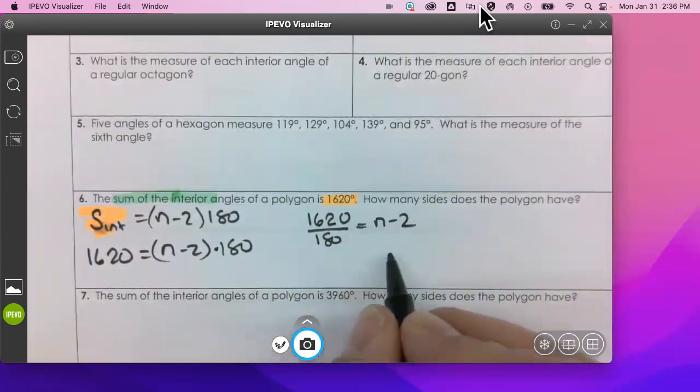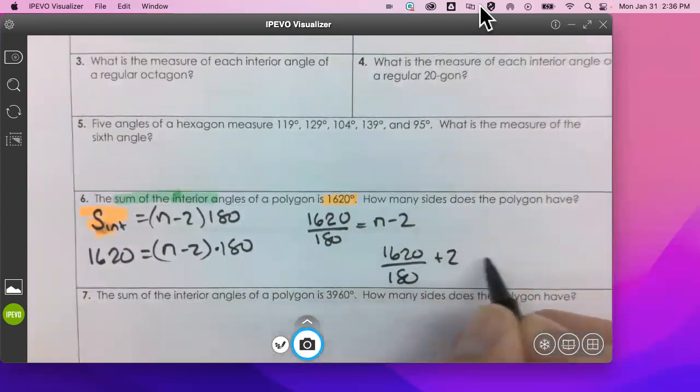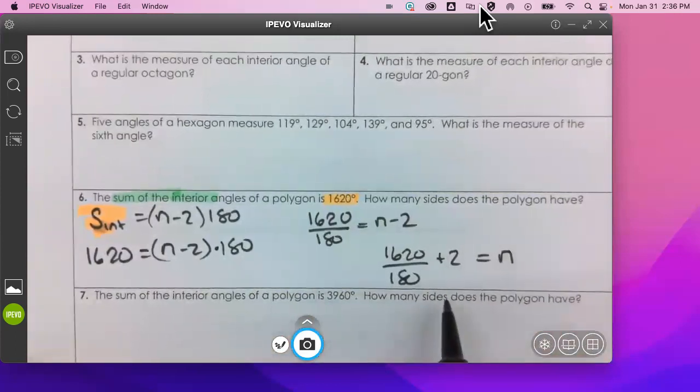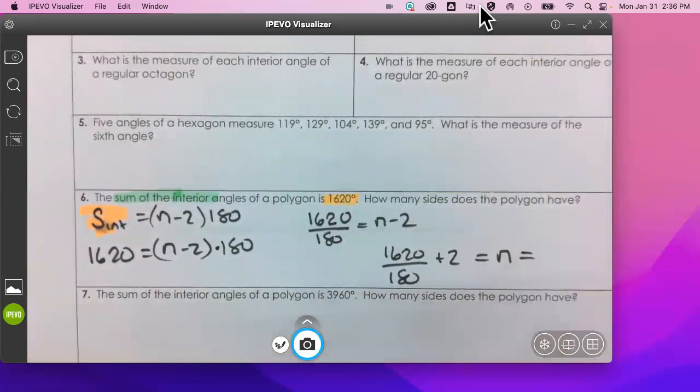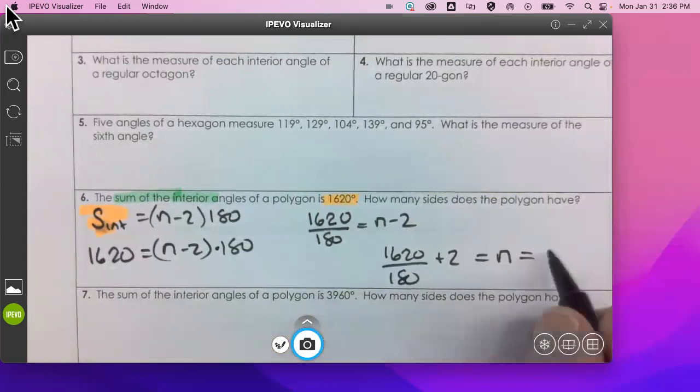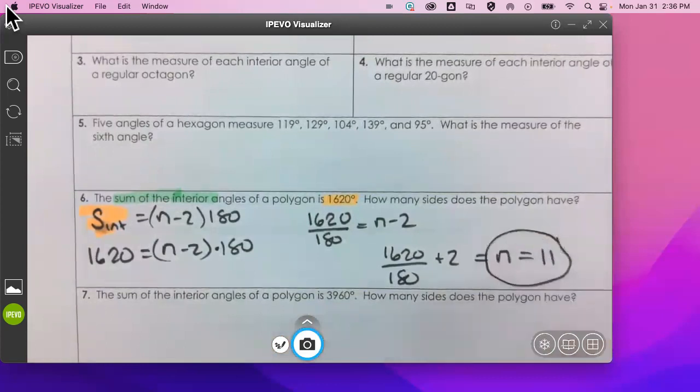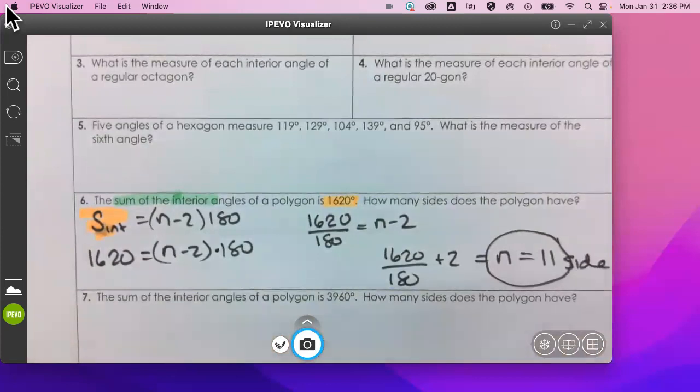Add 2 to both sides. So I'm going to get 1620 divided by 180 plus 2 would find for me the value of n. I'll plug that into my calculator. And I get 11. This is an 11-sided polygon called a hendecagon.